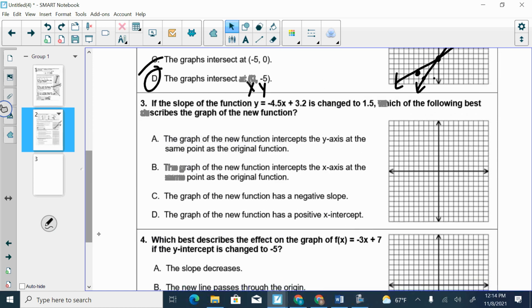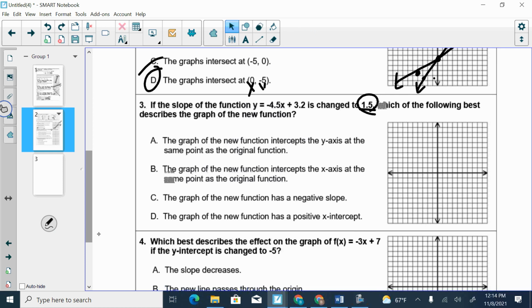Kind of the same idea here. It says if the slope of the function -4.5x is changed to 1.5, which of the following describes the graph of the new function? So you could go ahead and draw them both over here, or you could plot them both in your calculator. But the big difference is these two numbers, right?